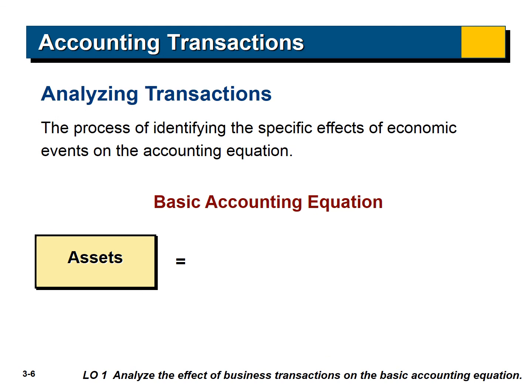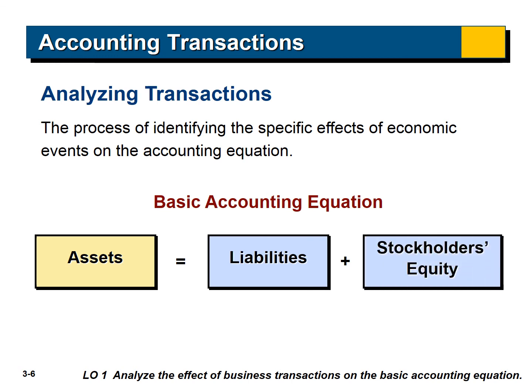So in analyzing transactions, which is the process of identifying specific effects of the economic events in the accounting equation, remember that the basic accounting equation, we learned that before, is assets equal liabilities plus stockholders' equity.